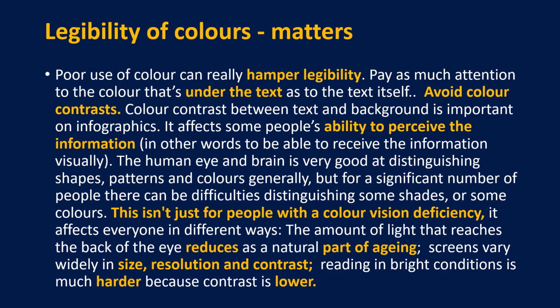You may well have older people reading your infographic, but the amount of light that reaches the back of the eye reduces with age. So it's also affected by things like screen size, resolution, contrast. All of these make it much harder because the contrast is then lower.